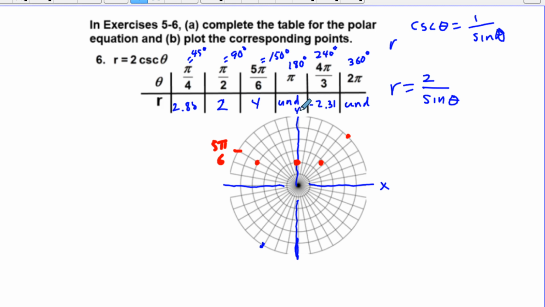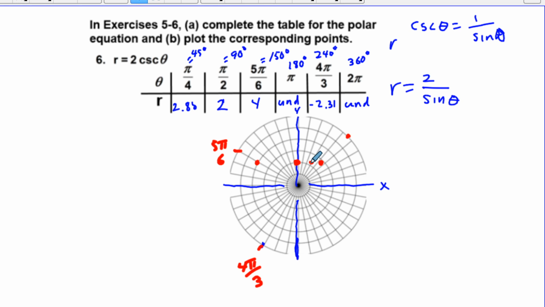Okay, for pi, we will have undefined. For 4 pi over 3, which is going to be right down here, we have negative 2.31. So we got to go up here and go to negative 2.31, which is going to be 1, 2, 3, should be about right here, negative 2.31.